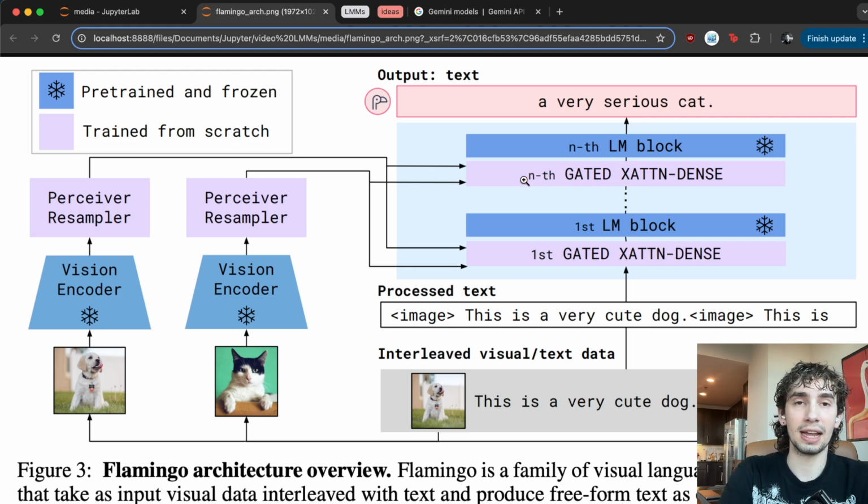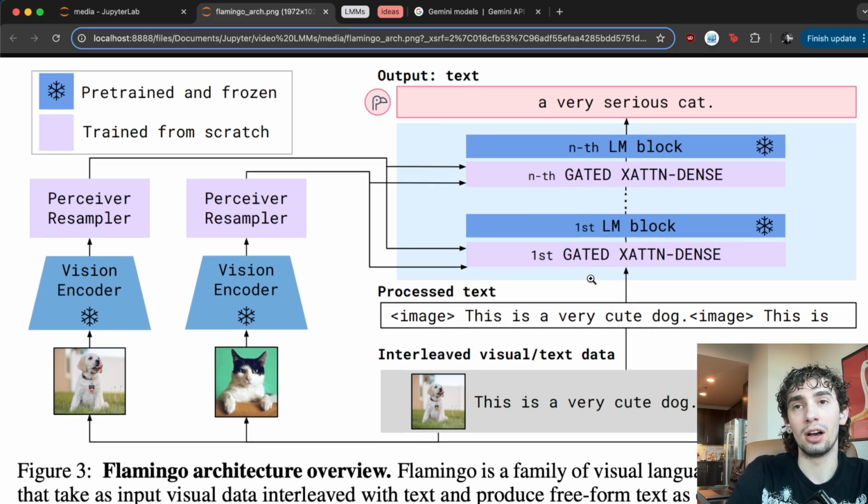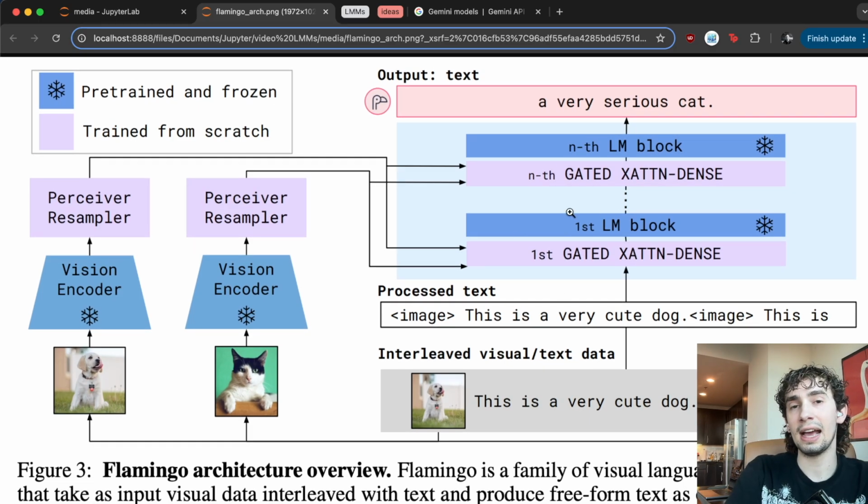The language model then has these gated cross-attention blocks that are inserted within the different layers of the language model itself at every so often specific layer.